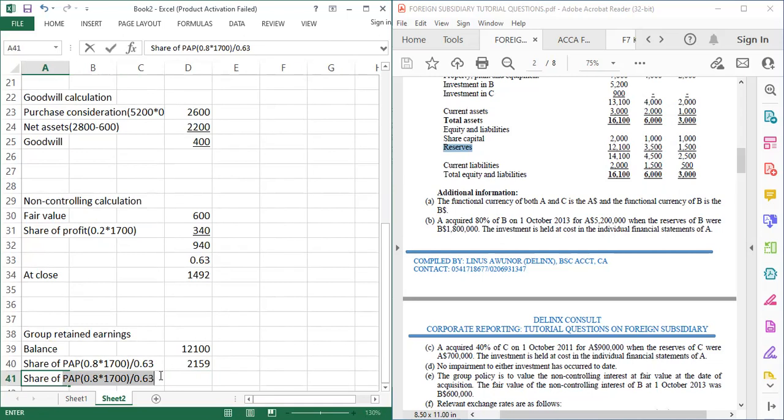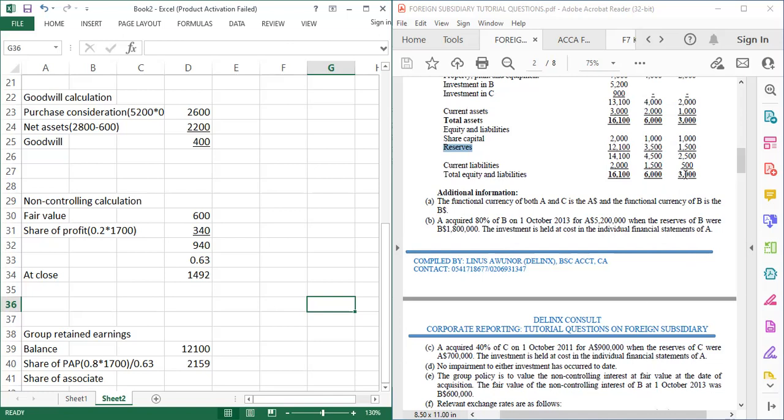Okay. Let's now look at the share of the associate profits. What was the associate reserve at the time that the parent bought them? 700.